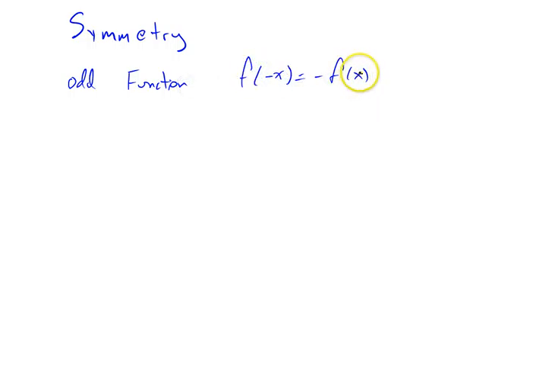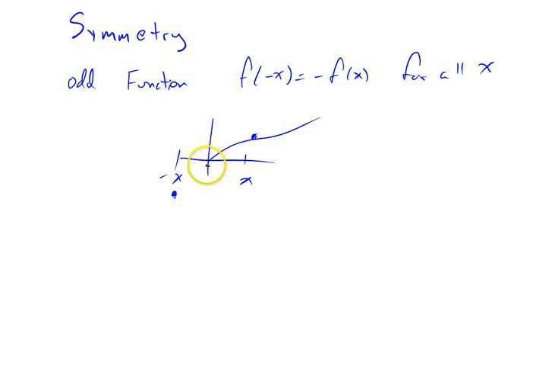Essentially, here's x, here's minus x, and whatever happens on one side, if you plug in, the opposite thing happens over here. That f of minus x is minus what f of x is. If this is true for all x, then if I know what's happening on one side, the exact opposite thing is happening on the other side.